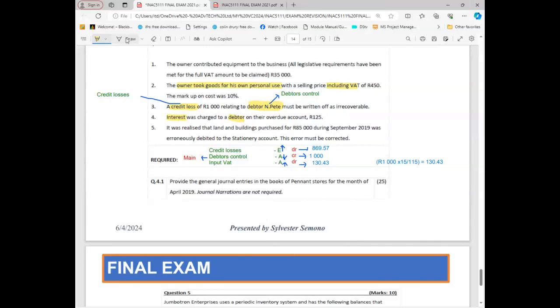So the two accounts will only be, where can I write? Let me write here. The two accounts will be interest income or interest received, and then let me write some.